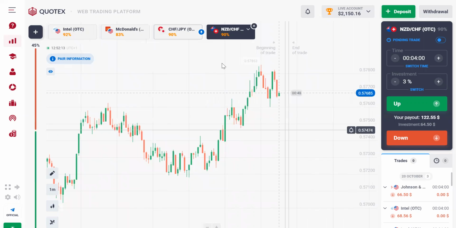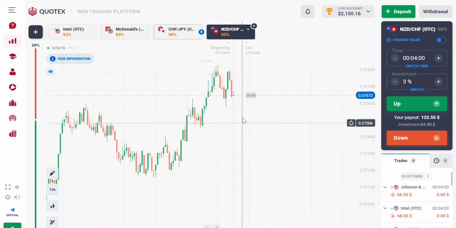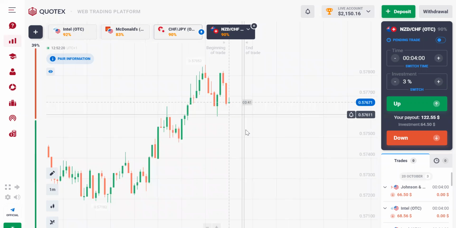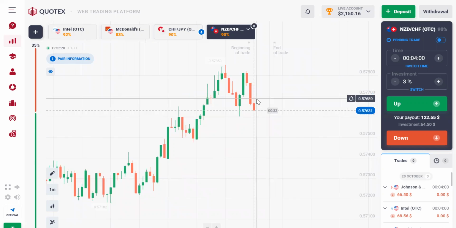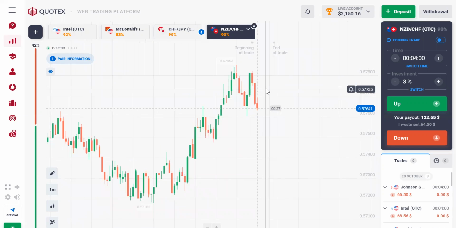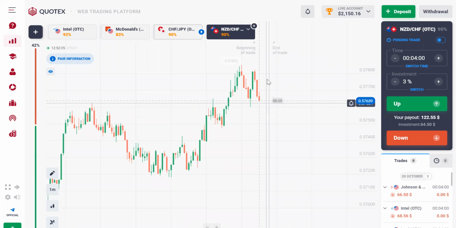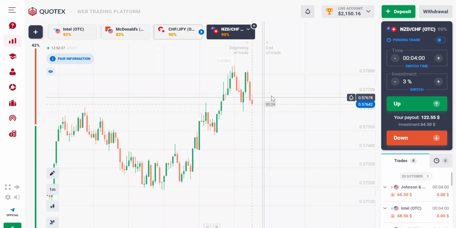Okay, stay on this pair, NZDCHF. I think we're getting a good signal here. On this one, NZDCHF, the market failed to create a higher high. So we should be selling. So you can be selling on this one. If I see a good entry, you should sell.